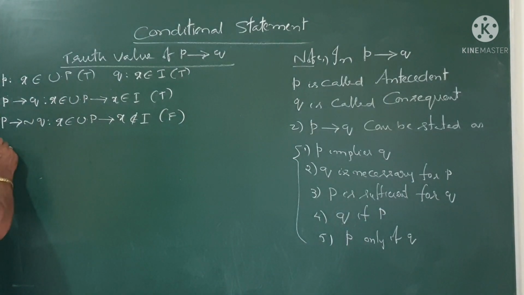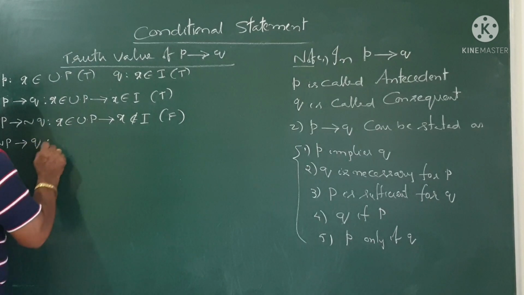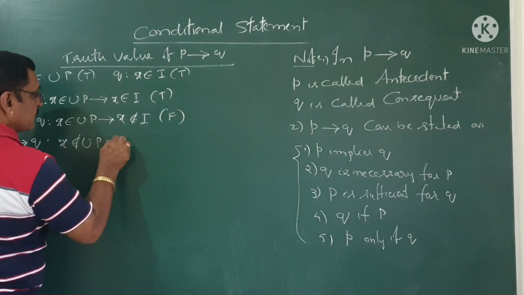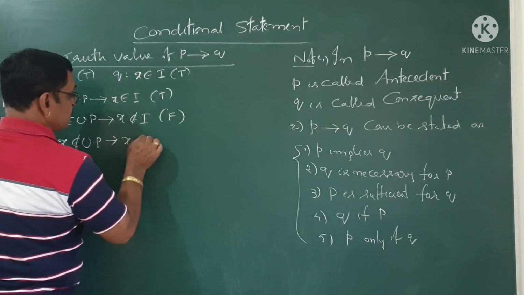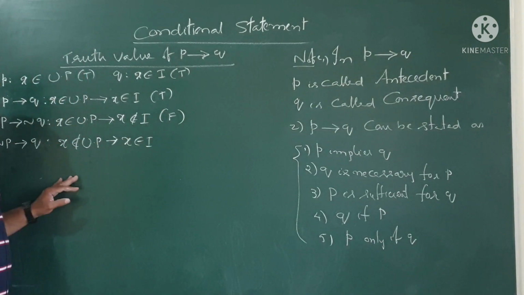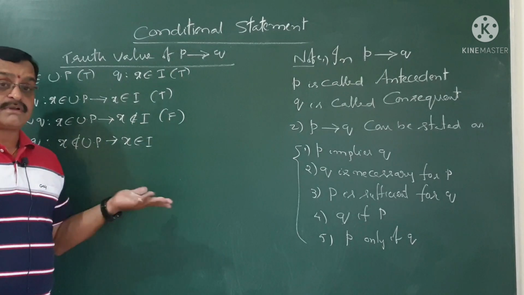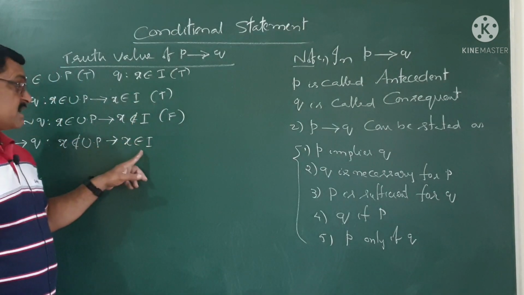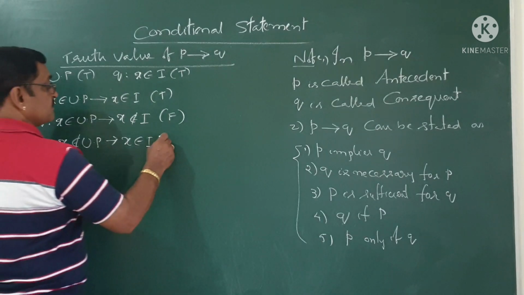Next, I go for negation of P implies Q. X is not staying in UP. Is it possible that X belongs to India? Yes, of course. X may be a person from Tamil Nadu, Kerala, Andhra Pradesh, or Jammu Kashmir, but still he can stay in India. That means this statement is true.